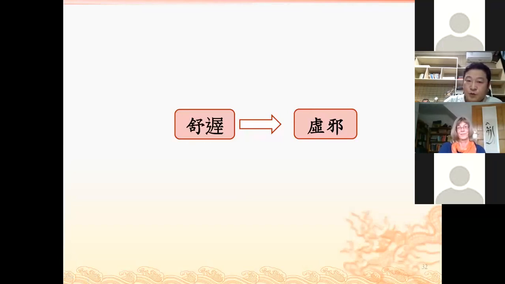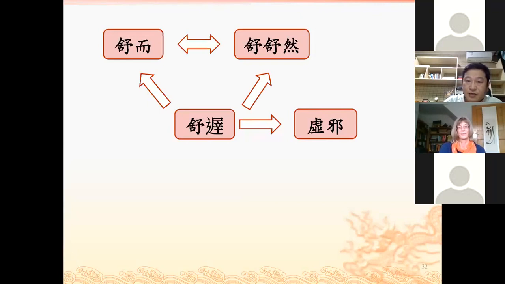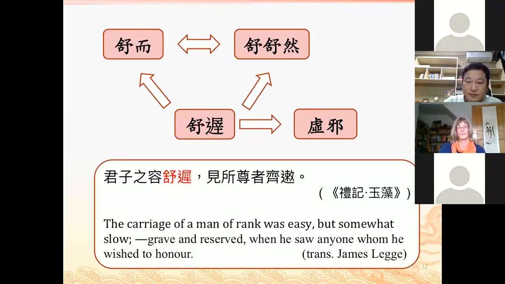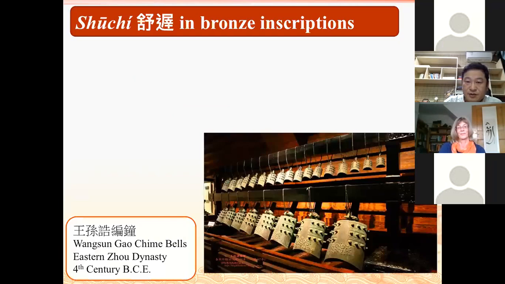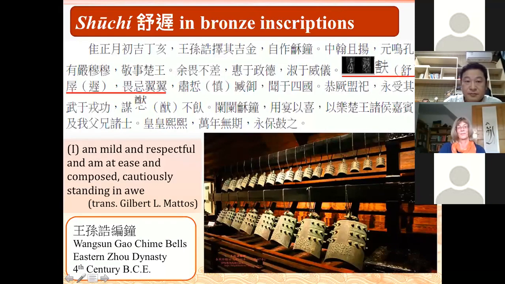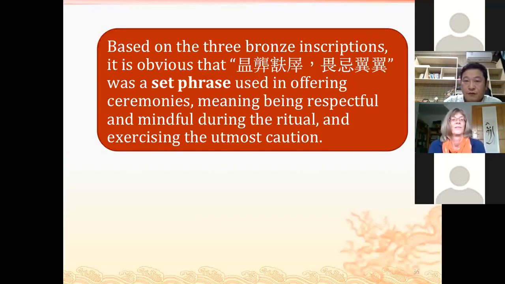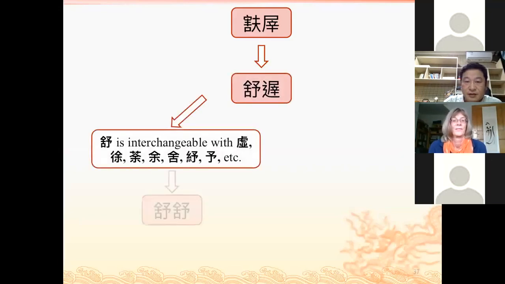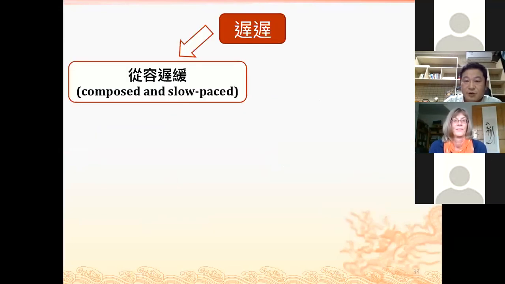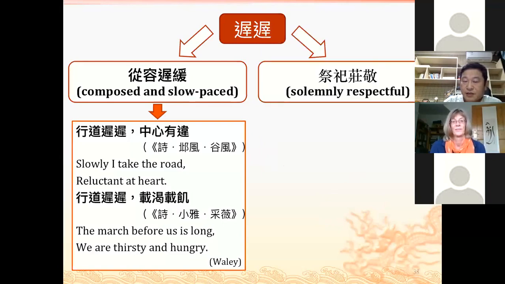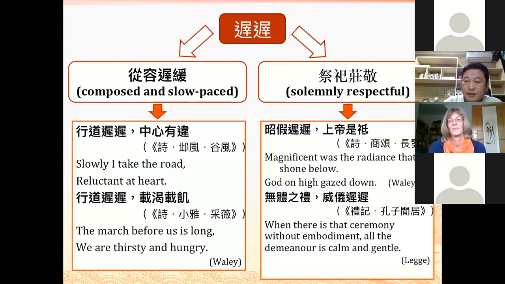For example, 书仪 is a term we found in bronze inscriptions. This is the bronze Wang Sun Gao handbells. We also found the same binome in the bronze inscriptions, and also in manuscript writings as well.